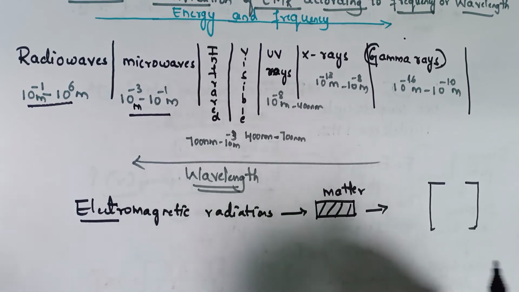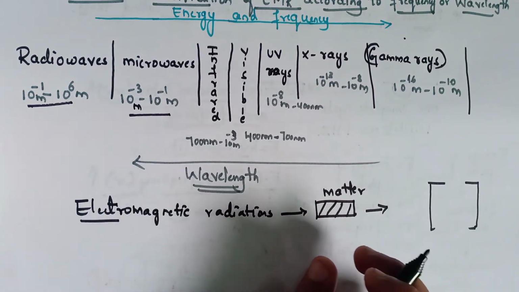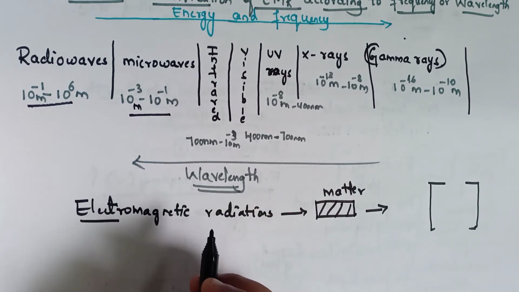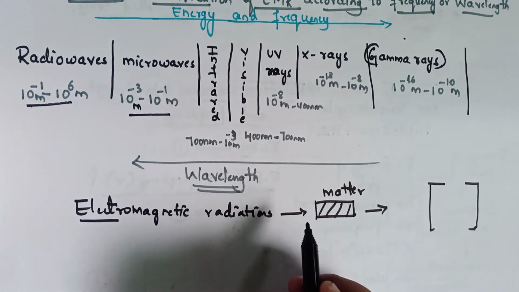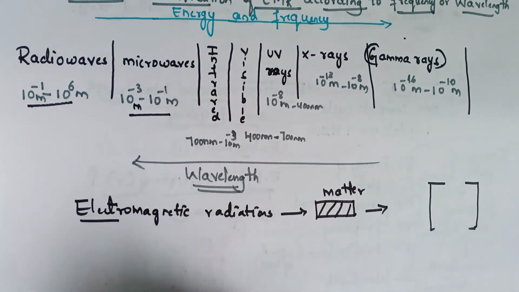Before this, when the electromagnetic radiations interact with matter, the following results can take place. When electromagnetic radiation passes through the matter, it may go inside the matter. If it goes inside the matter, it is called absorption.